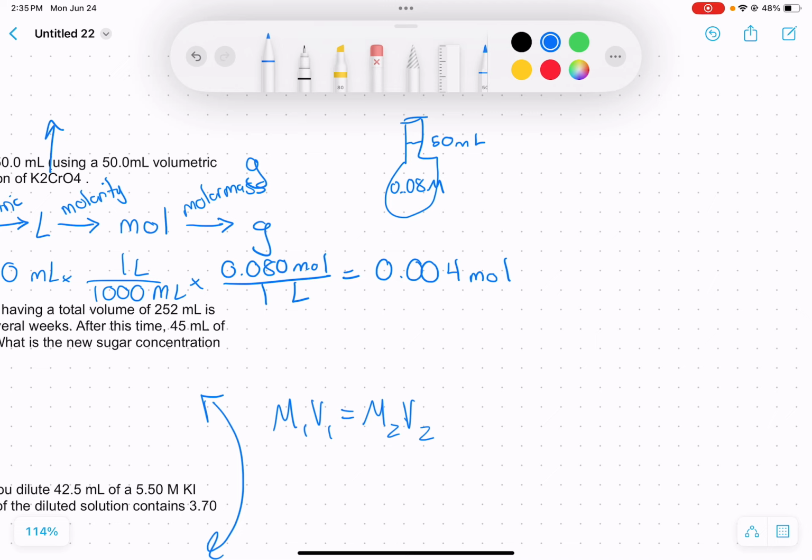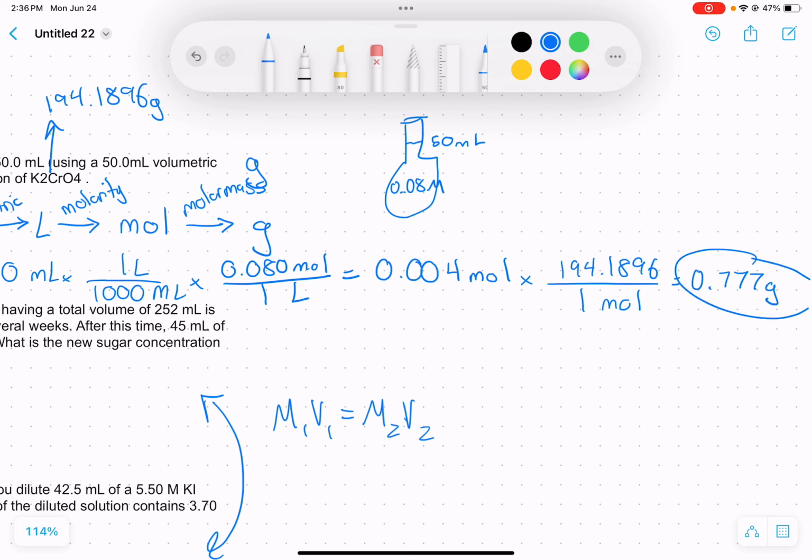That is 194.1896 grams. So we're going to take that mole, and we're going to say in 1 mole, there is that value of grams. And that should tell us our answer. So 0.004 times 194.1896, or 0.777 actually grams.